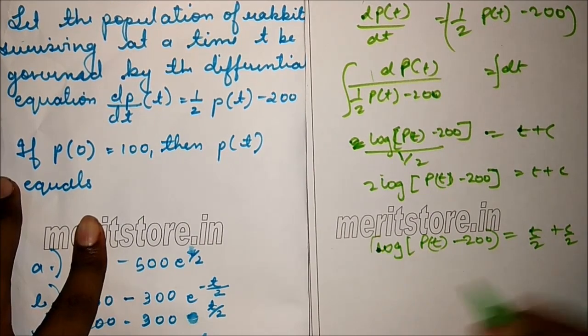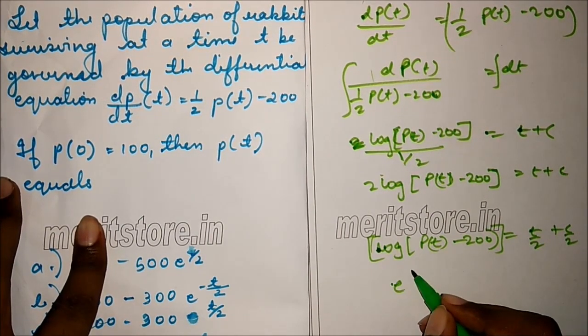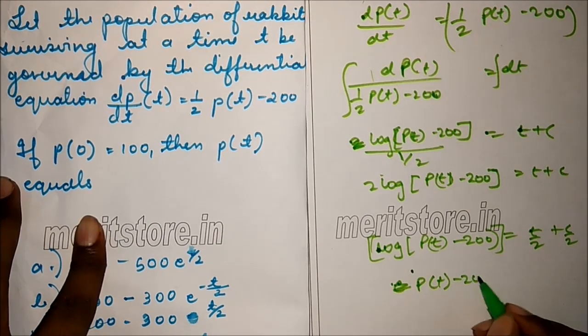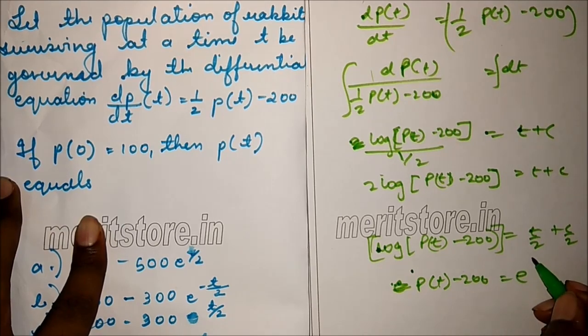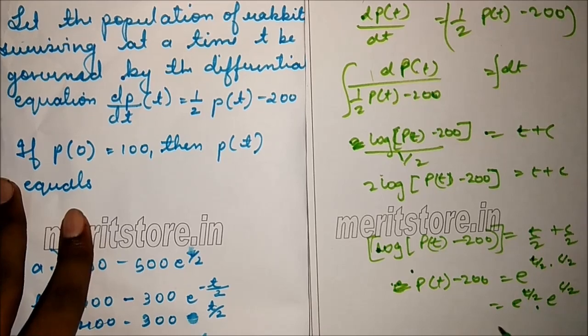So now taking antilogs, this will be e raised to log of p(t) minus 200, which is equal to e raised to t by 2 into c by 2, that is equal to e raised to t by 2 into e raised to c by 2, and let e raised to c by 2 be a constant, say c1.